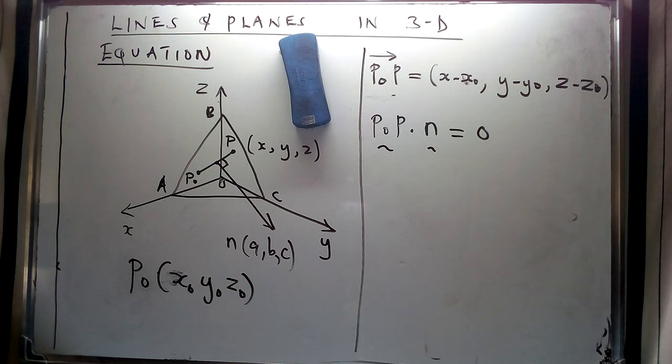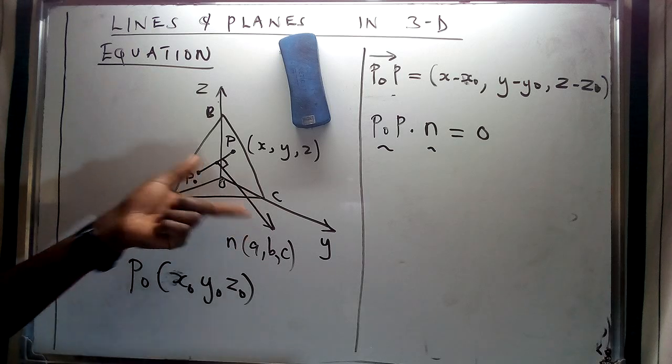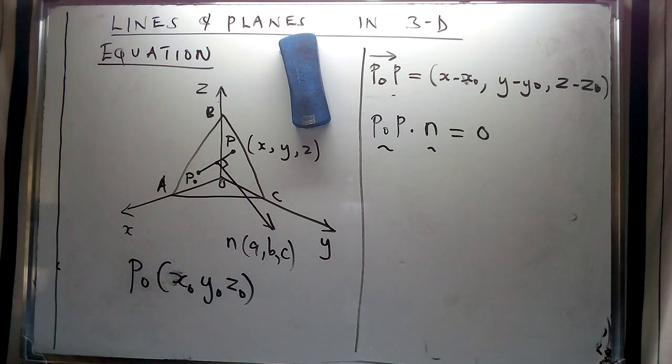Orthogonal means they meet at 90 degrees. From this geometrical interpretation, we can give a relationship that exists between this normal and this vector, and that is going to appear in terms of the point-normal form of the equation of that specific plane.